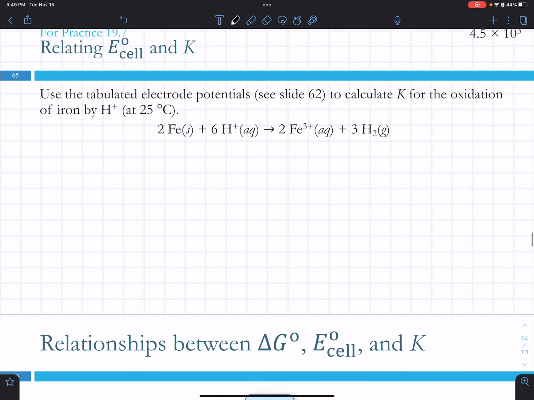So we can use these standard electrode potentials to calculate K for the oxidation of iron by hydrogen. It's always nice when it's hydrogen, because we know that cell potential is going to be 0. So starting off here, what would the two half reactions be for this iron being oxidized?